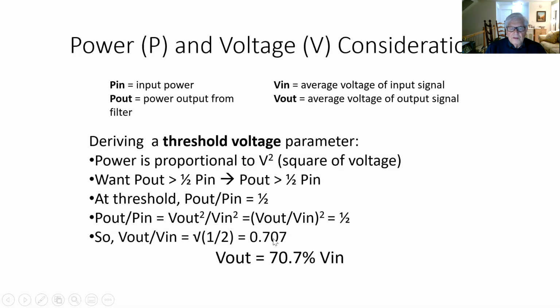We multiply both sides by V in. V out has got to be 70.7% of V in. That's what we're looking for, a threshold voltage.